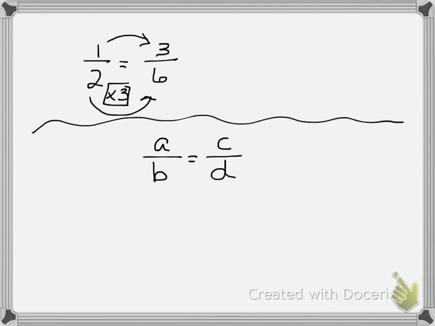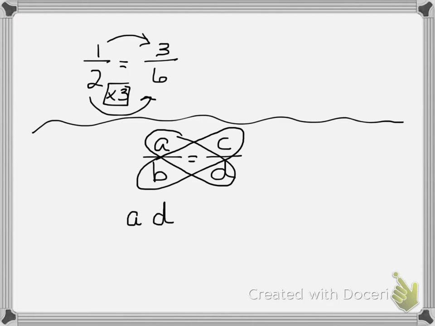And the law goes like this. If you crisscross multiply the numbers that are diagonal from each other, it looks like a butterfly in the end. So A and D, whatever numbers were in those positions, get multiplied together. And whatever two numbers are in the B and the C positions get multiplied together.